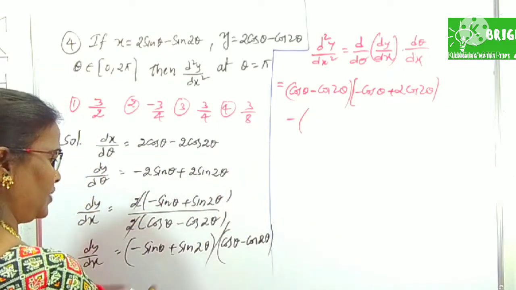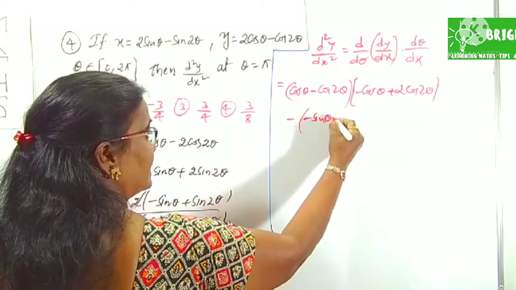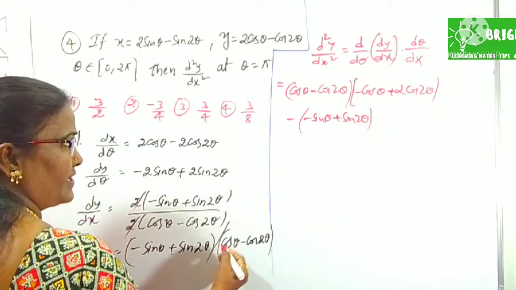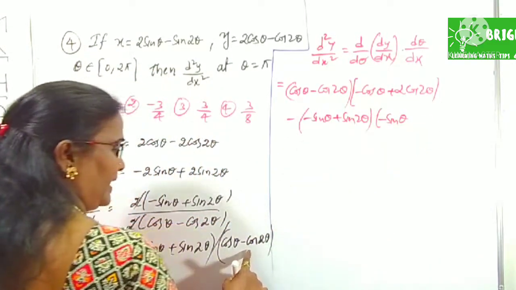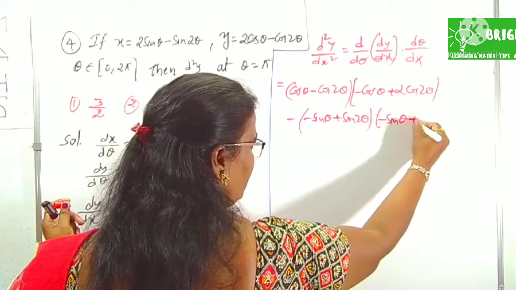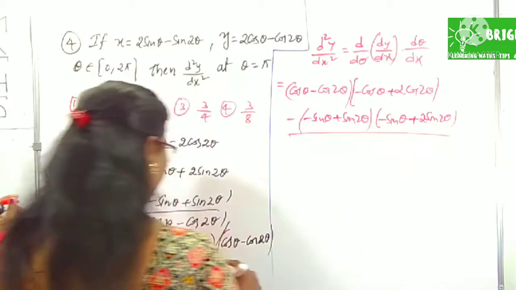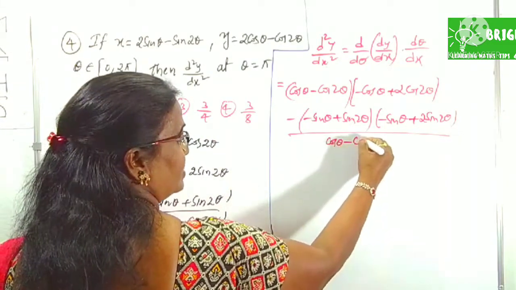Now u into, what is u here? Minus sin theta plus sin 2 theta, and the derivative of v, cos theta minus cos 2 theta, is minus sin theta plus 2 sin 2 theta, whole divided by v square. v square means cos theta minus cos 2 theta whole square.